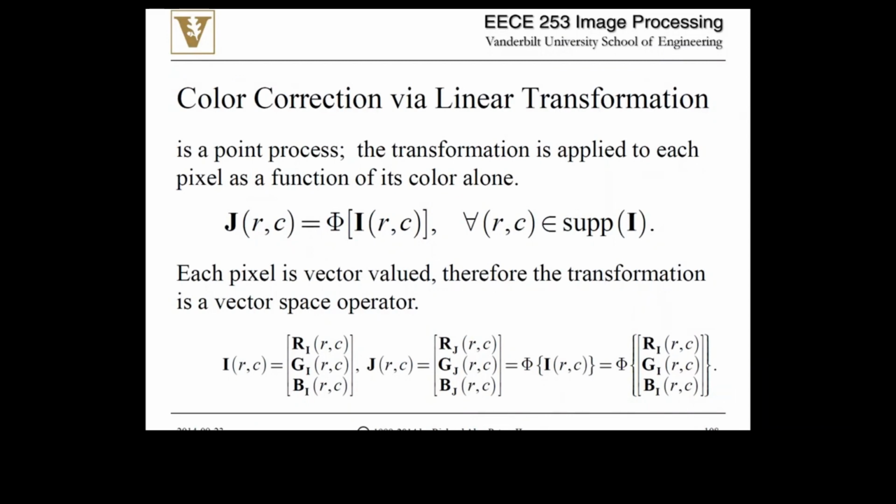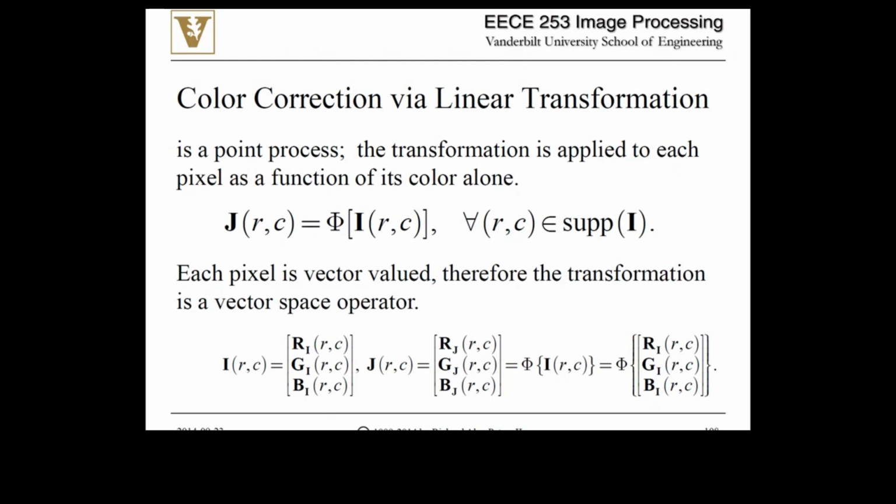Okay, so now let us think of the following. Let's say that we have a degraded image, a color degraded image, and we want to transform it into something that looks better. You may remember these two cameras pointing to some boxes, and the boxes look different.